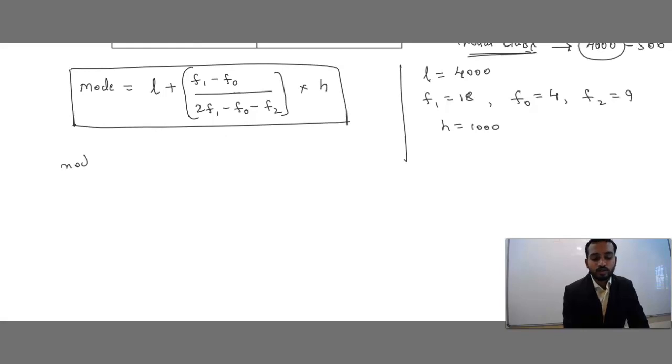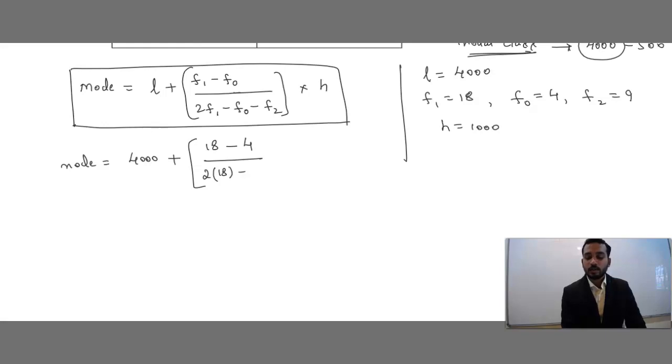Mode is equal to L, the lower limit, 4000, plus F1 is 18 minus F0 is 4, divided by 2 into F1 is 18, minus F0 is 4, minus F2 is 9, into H. H is 1000.